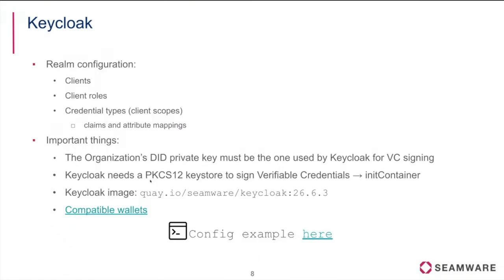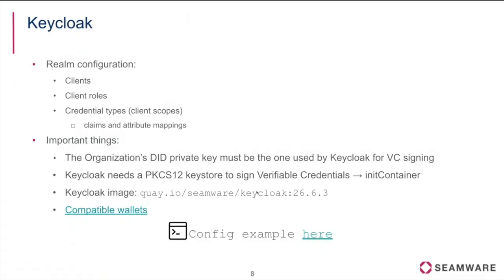In the current version of the FIWARE Data Space Connector, in the Keycloak image, you will see that it is a Seamware image, but this image is only an image built based on the main branch of the official Keycloak repository. This is because the latest version of Keycloak had a bug with the QR generation, and they didn't include the bug fix in the latest release.